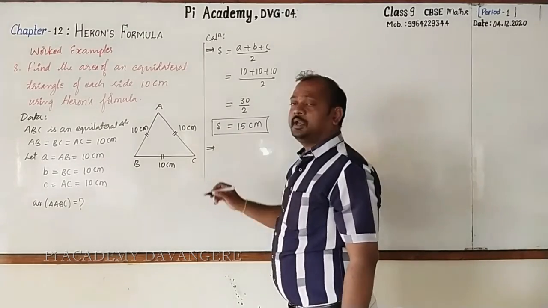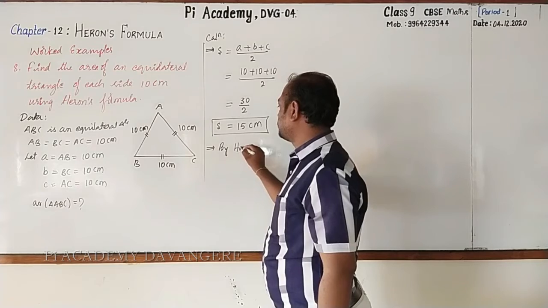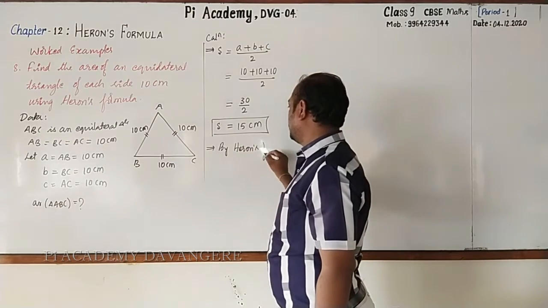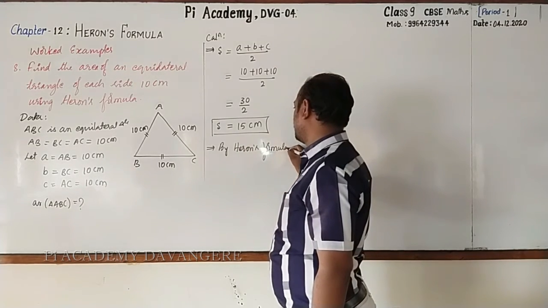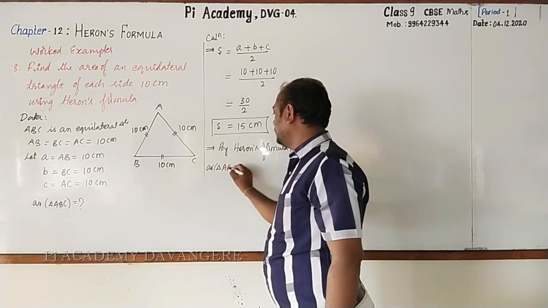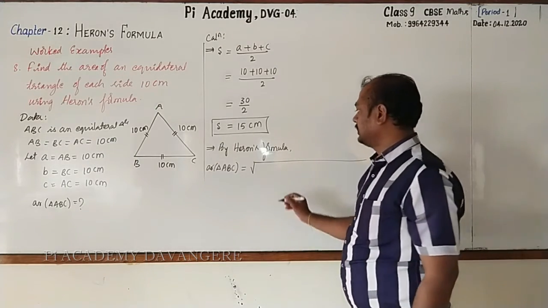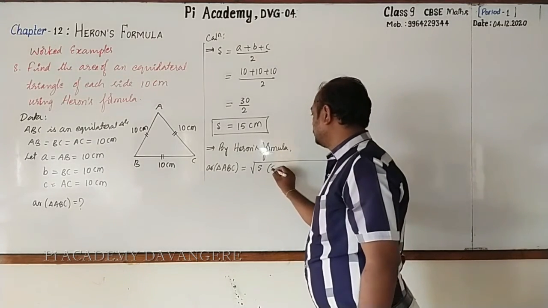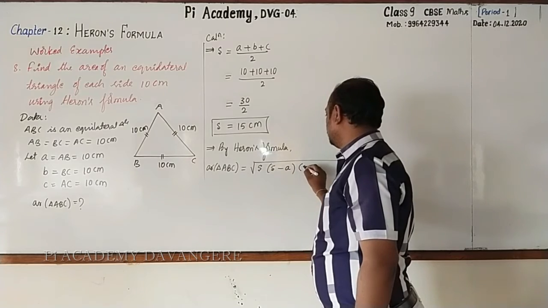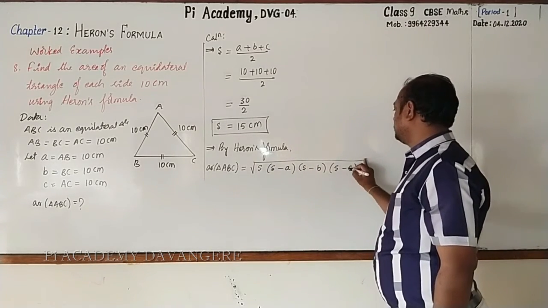Next, let us find out area of triangle by using Heron's formula. By Heron's formula, we can write area of triangle ABC is equal to square root of s into s minus a into s minus b into s minus c.